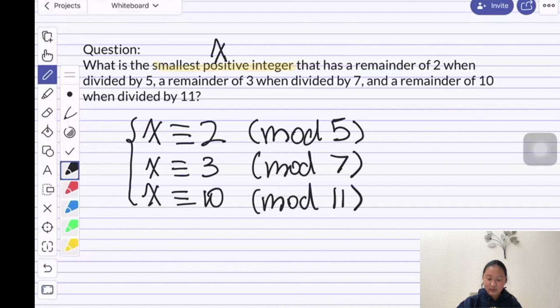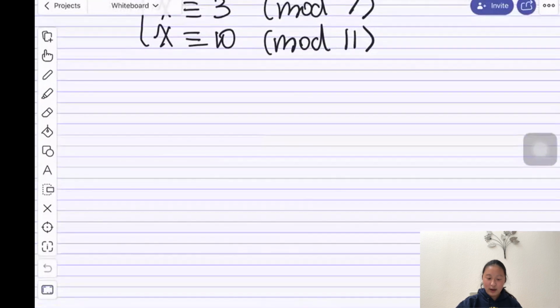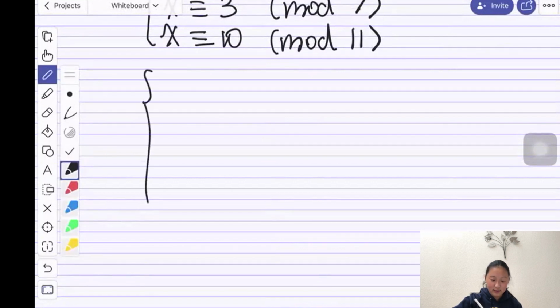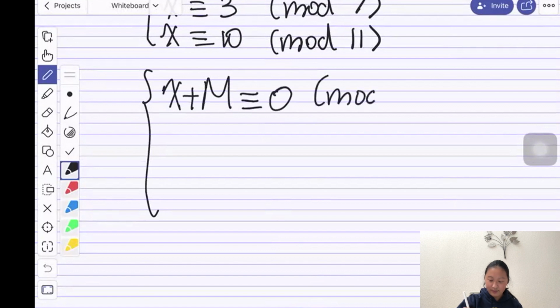So our goal is that we want to eventually have a magic number n added to x so that it is congruent to 0 mod 5.